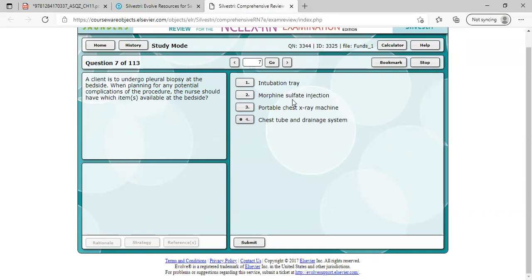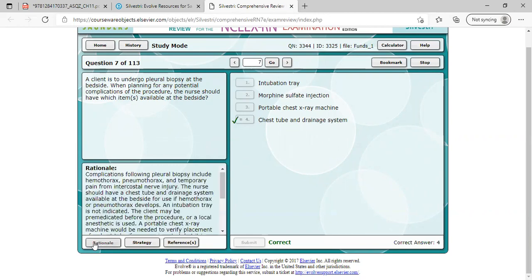Morphine will not have any effect here. Chest X-ray, not necessary. Intubation tray, we can keep it, but the first priority is that the chest tube and drainage system should be there.